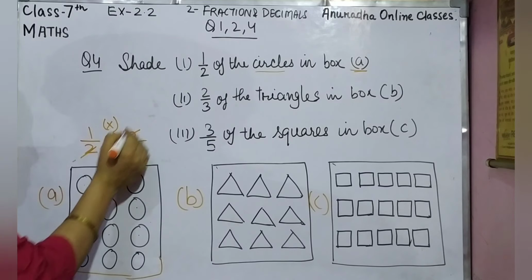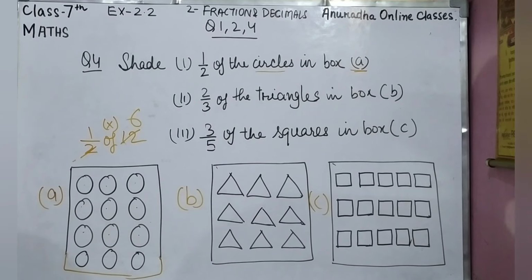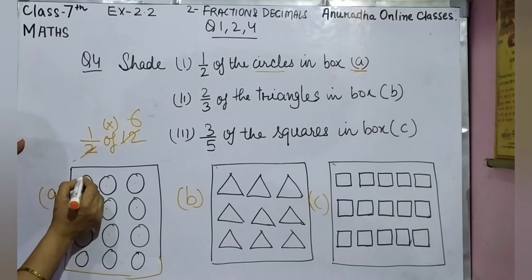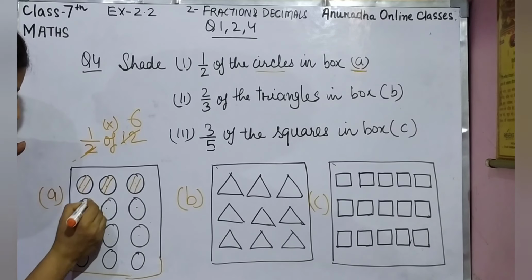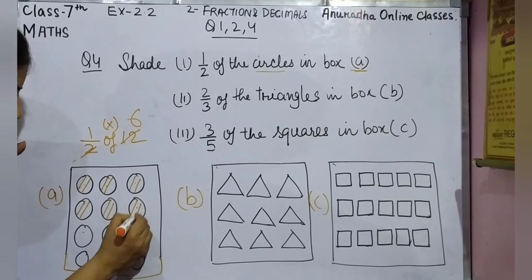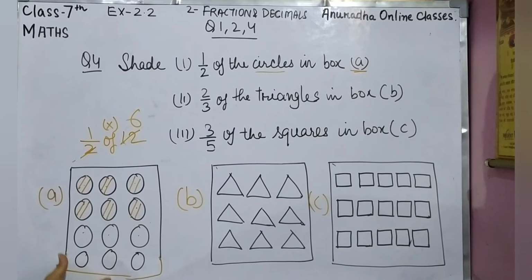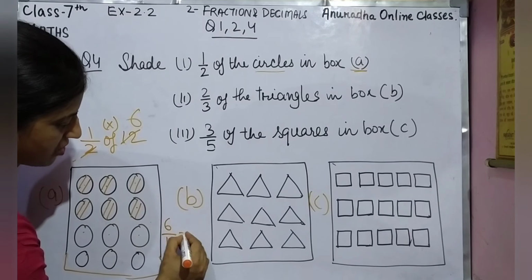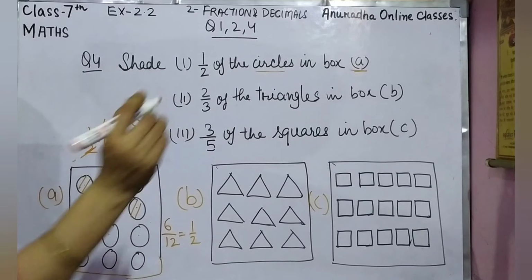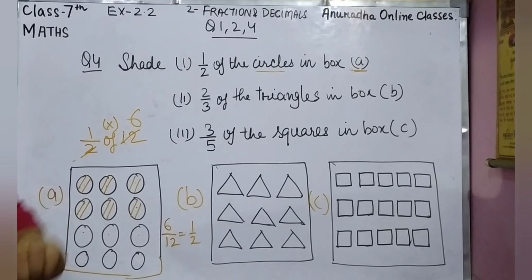So half of 12 is what? 6. So how many circles you have to shade? That is 6. 1, 2, 3, 4, 5 and 6. Right? So how you will write this? You will write this 6 upon 12, or this is equivalent to what? 1 by 2. Okay?